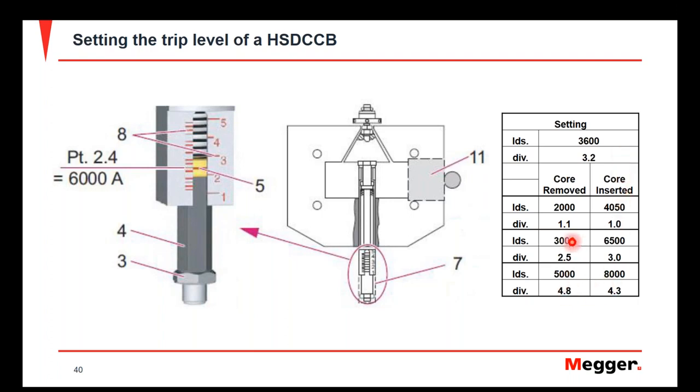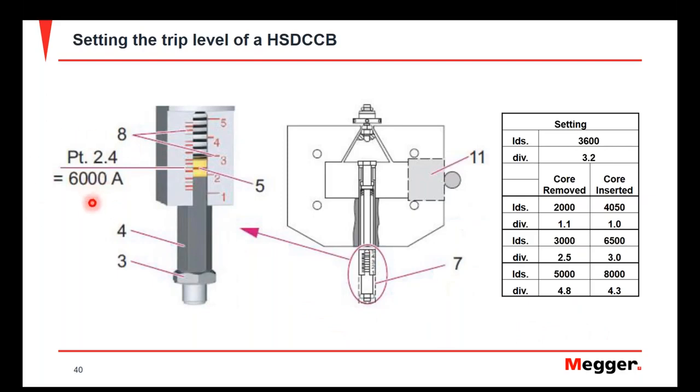All of these other settings are variable, but they depend on one factor, and that's whether or not this core mechanism within the IDS or the direct release mechanism is installed or not. If it's removed, then you're going to correlate with these lower values. However, if it's inserted, then you're going to correlate with these higher trip level values.